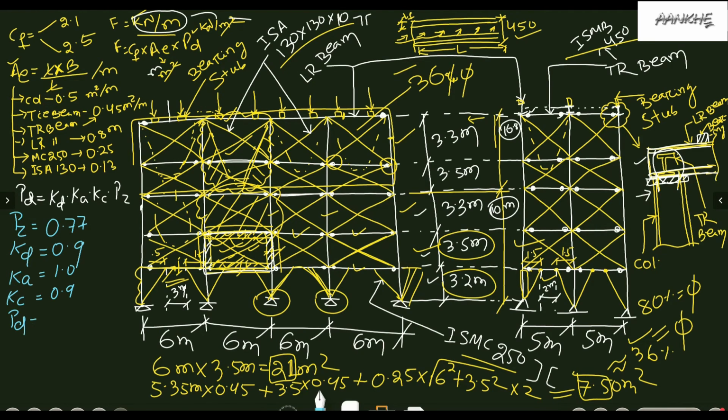So PD is how much? 0.77 into these factors, subject to it should be greater than 0.54. It is coming 0.6237, which may be approximated to 0.63, a little bit higher approximation, kilonewton per square meter, which is obviously greater than this value.